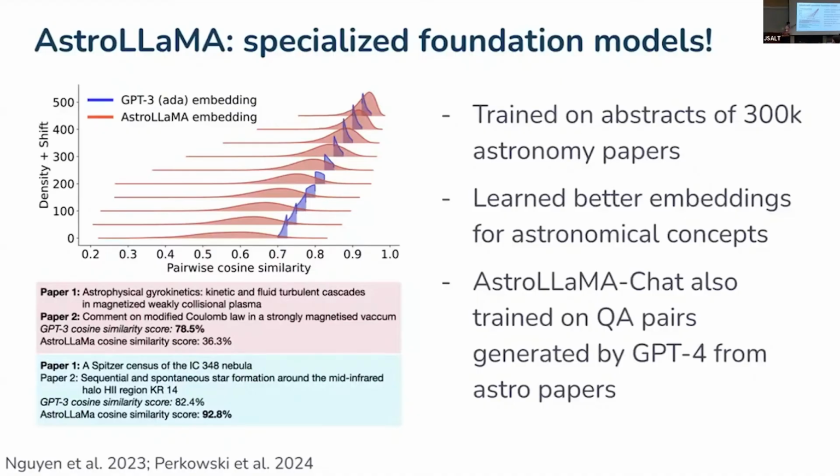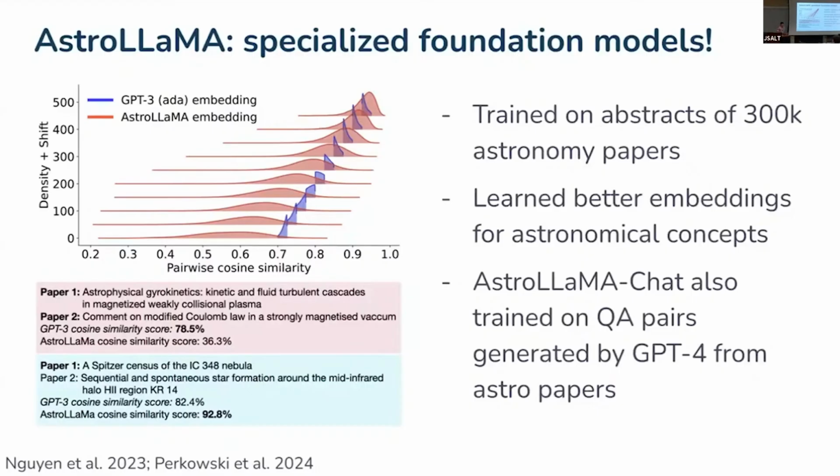Another thing, this illustrates the example a little more clearly. If you're an astronomer, you would recognize that paper 1 here, on gyrokinetics, kinetic and fluid turbulent cascades in magnetized weakly collisional plasma, versus another paper, which is a comment on modified Coulomb law in strongly magnetized vacuum. Okay, so they both have the word magnetized. One is the American spelling, but the GPT-3 cosine similarity score is very high.